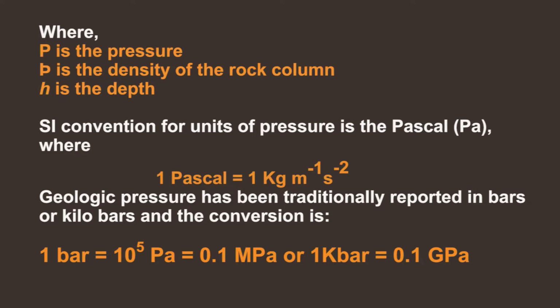The SI unit of pressure is the Pascal, where 1 Pascal equals 1 kg per meter per second square. Geological pressure has traditionally been reported in bars or kilobars, and the conversion is 1 bar equal to 10 to the power 5 Pascal equal to 0.1 megapascal, and 1 kilobar equal to 0.1 gigapascal.